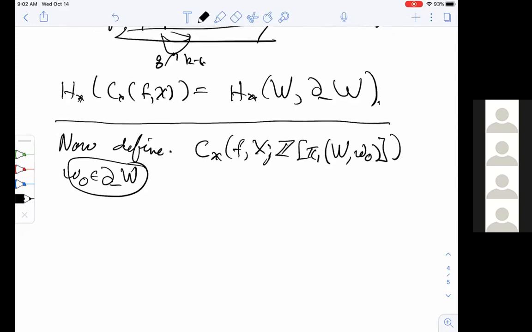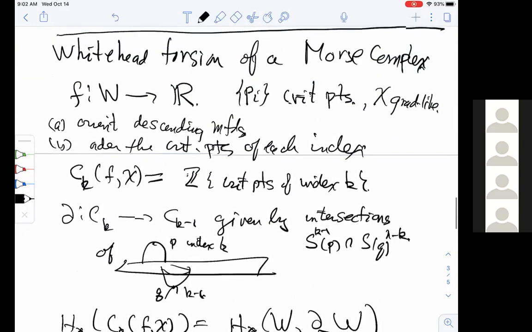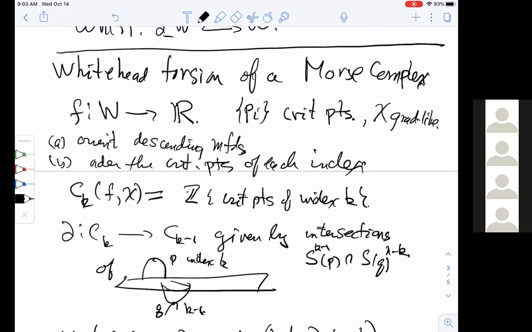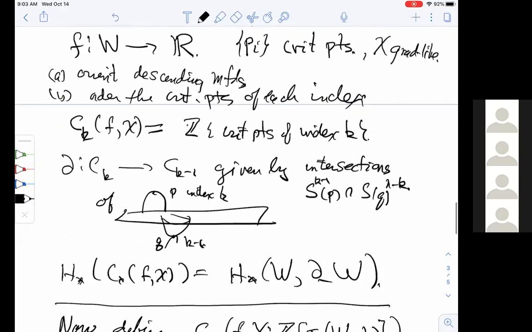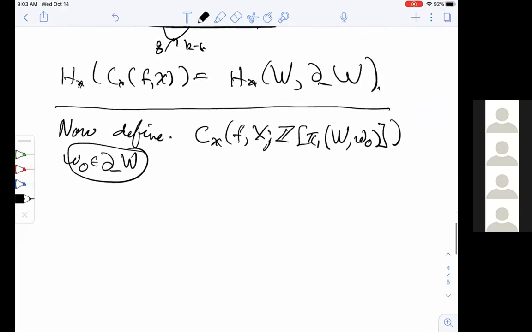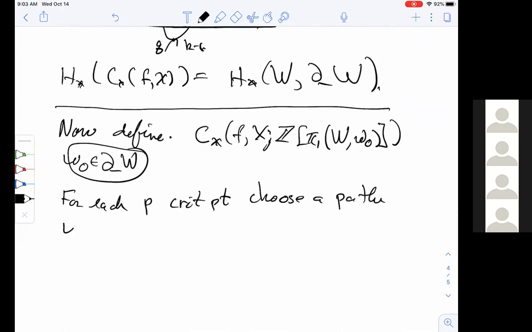So to do this, in addition to the above choices of orienting the descending manifolds and ordering the critical points, I also choose for each critical point P a path, I'll call it ω(P), from the base point to P. So here's P, here's the base point out here.